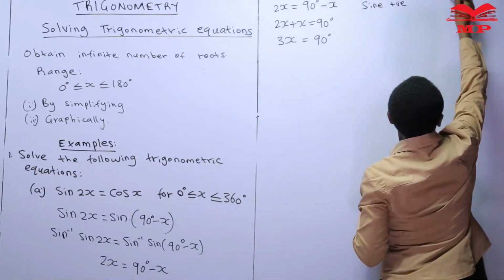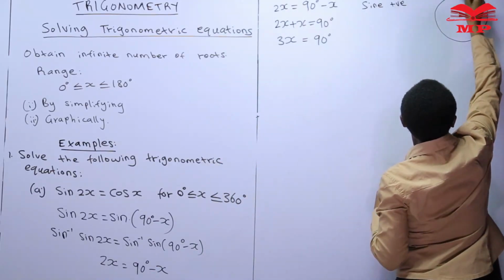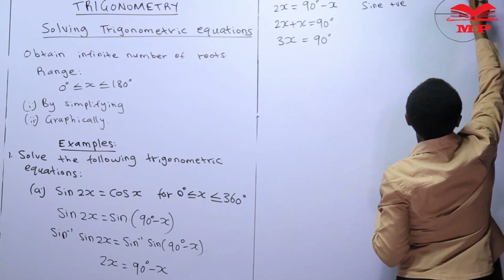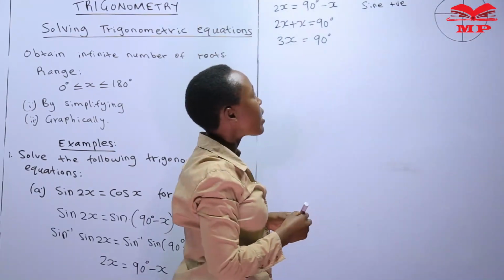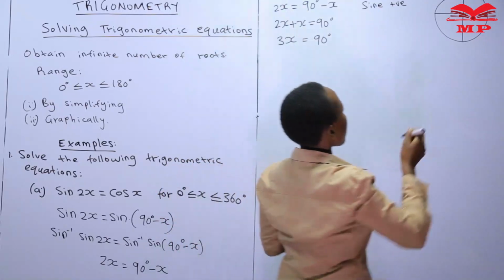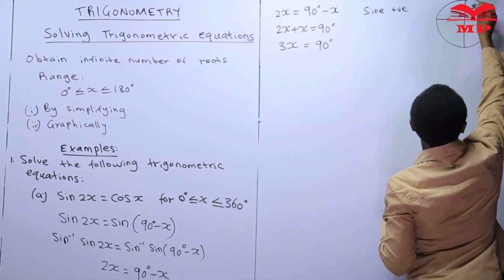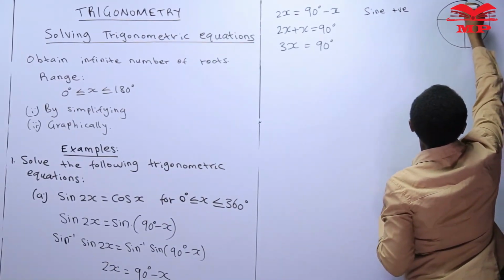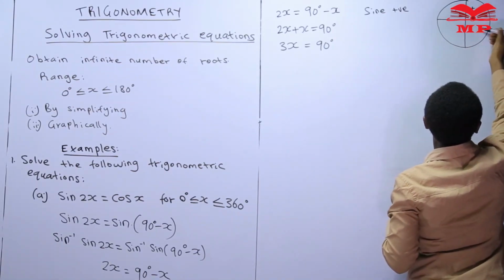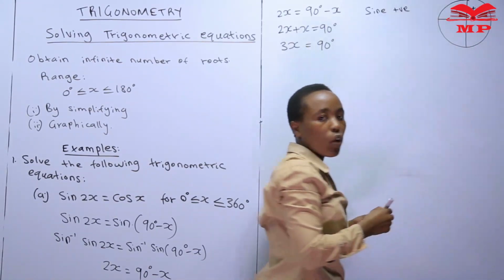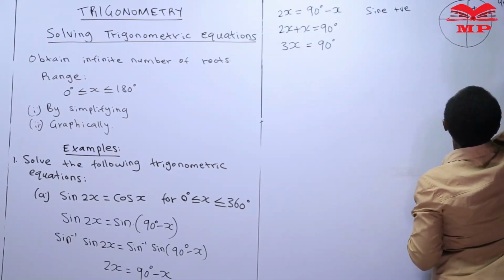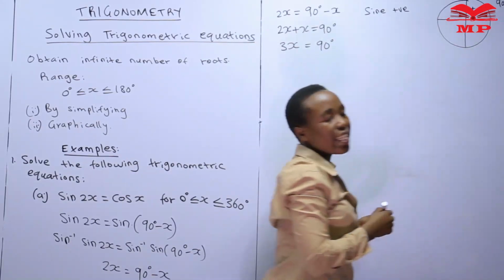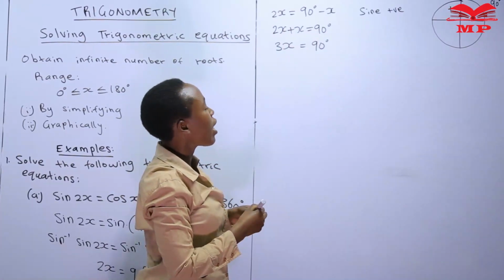Again, we just consider the unit circle and consider where the sine is positive. Here the sine is positive, again here the sine is positive, here it is negative, and also negative in the fourth quadrant. So in this case, we have the 90 degrees. That's what we have.